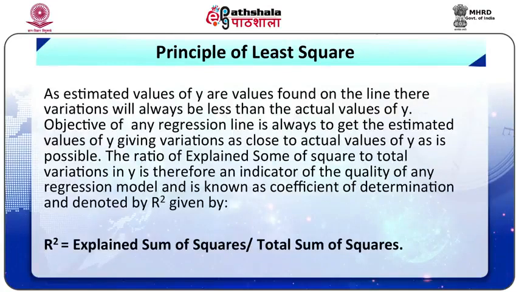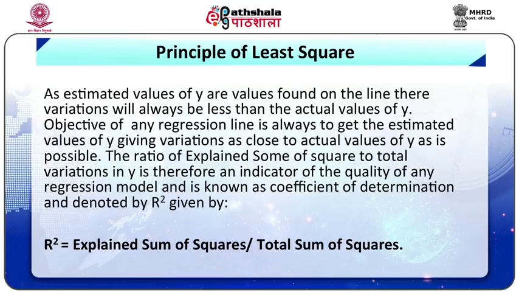As estimated values of y are values found on the line, their variations will always be less than the actual values of y. The objective of any regression line is always to get the estimated values of y, giving variations as close to actual values of y as possible.